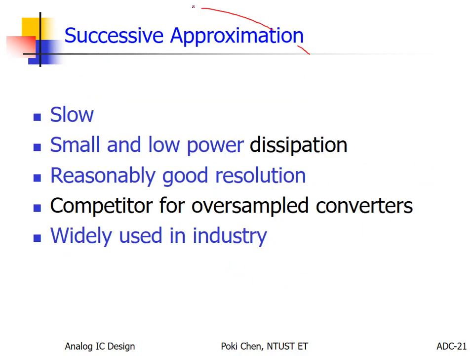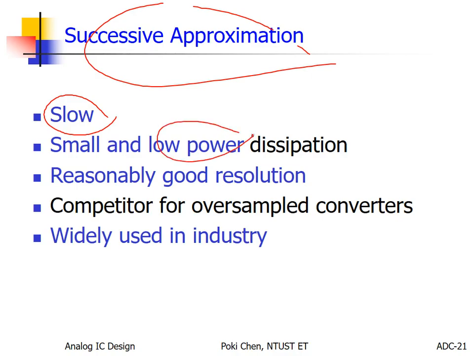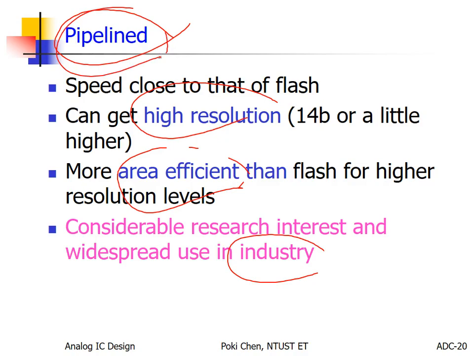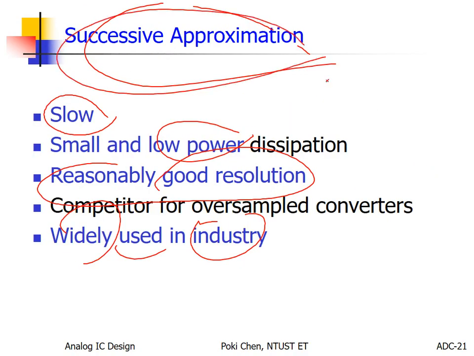The other one is SAR, successive approximation structure. Comparatively, it is a little bit slower, and I will explain why. But it is small, low power, and it can provide reasonably good resolution. So again, it is widely used not only in industry, but also in universities. Pipeline and SAR are the kings. For ADC design, you had better start from SAR or pipeline.